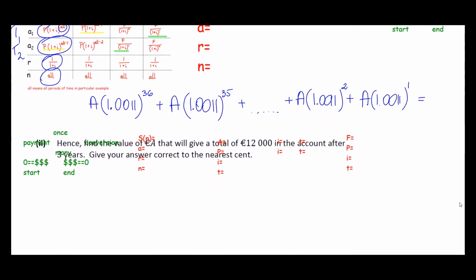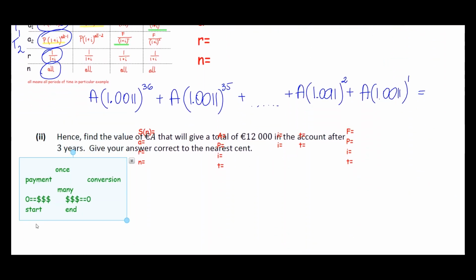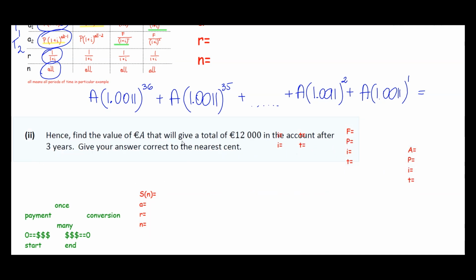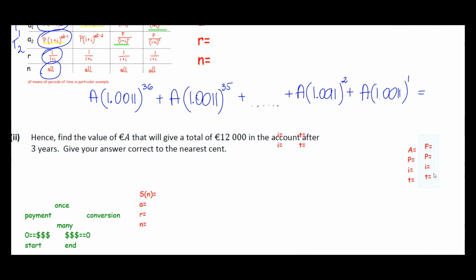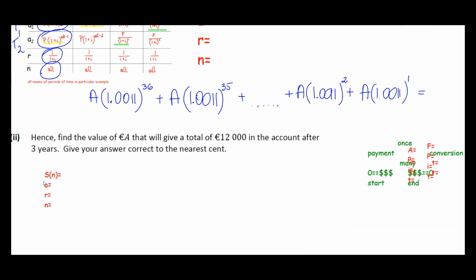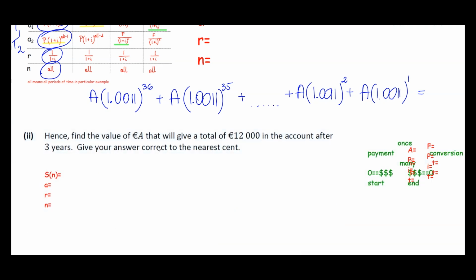And therefore, in the second part, now let's see what is written here. Remove the ones that are unnecessary. So here in the second part, it is saying find the value of A. So this is where we are filling in our numbers that we need for our SN formula. So we know that 12,000 is the total, the sum.